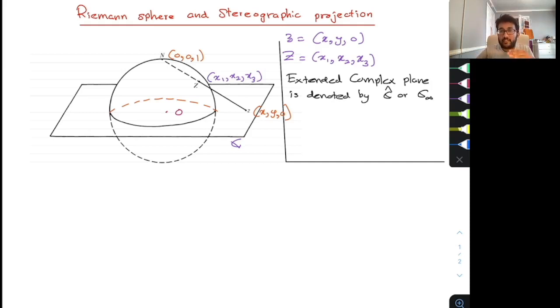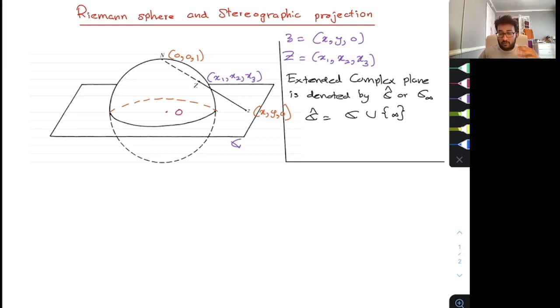Normally I am using the C hat notation, therefore I'll go with that. So C hat is equal to C union infinity. That means I have my complex plane and I'm going to add another one point, that is infinity. So this is equal to my extended complex plane.